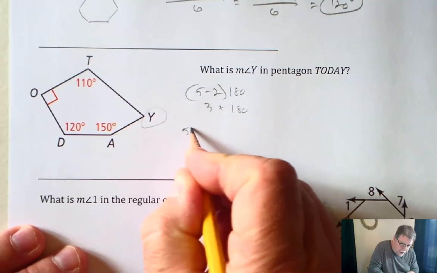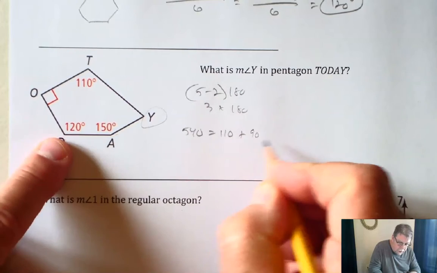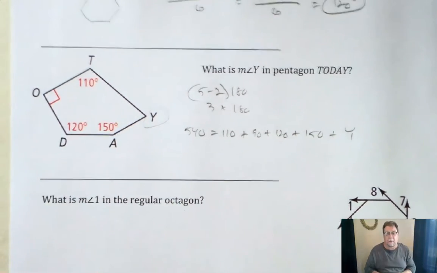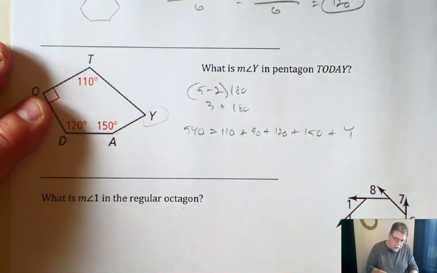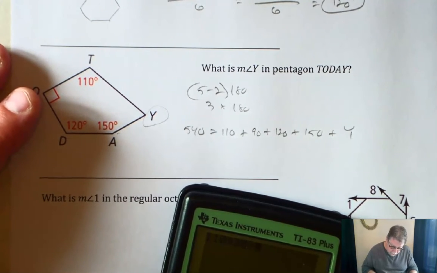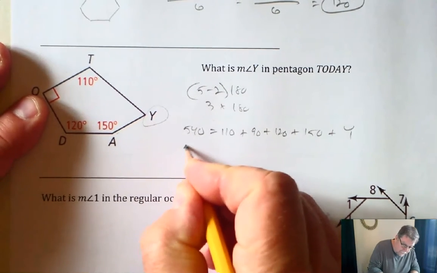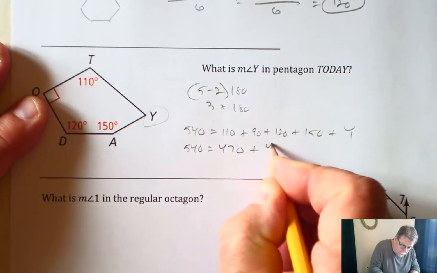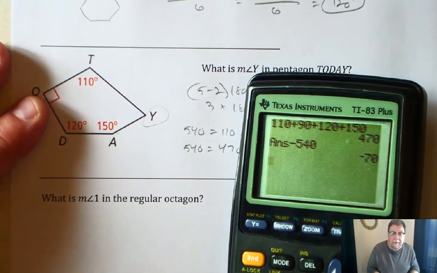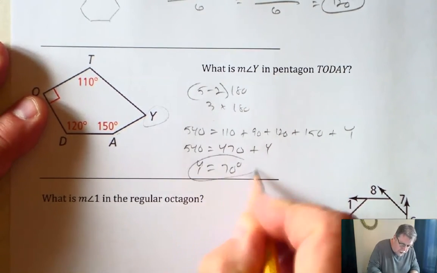So I'm going to write 540 equals 110 plus 90 plus 120 plus 150 plus y. And I have to solve that for y. If I add up 110 plus 90 plus 120 plus 150, that's 470. So 540 equals 470 plus y. We subtract, and I get, this says negative, but that's because I subtracted in the wrong order, so 70 degrees. So y would equal 70 degrees.